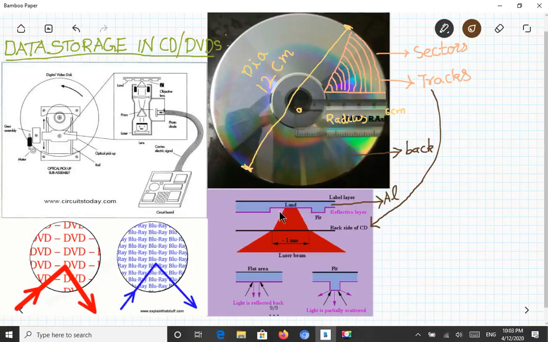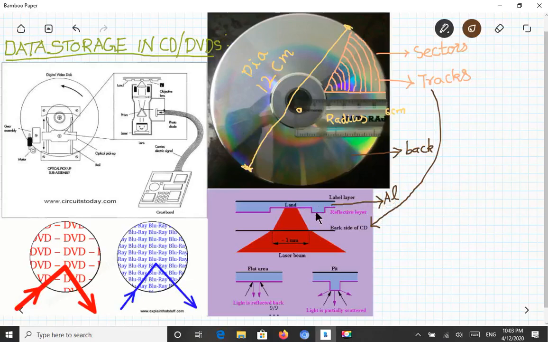If you consider this as glass, this is actually a polycarbonate surface, and behind the polycarbonate surface a metal is used for reflection. Like a normal mirror, there is glass and behind it a metal coating for reflection. Likewise, this is the polycarbonate layer where the data is written, and behind this there is a metal layer made of aluminum that has been coated.